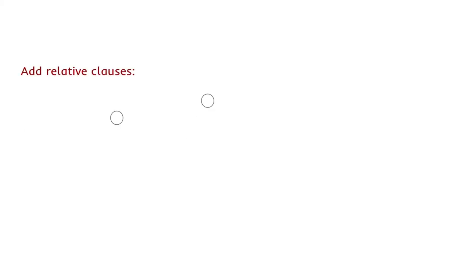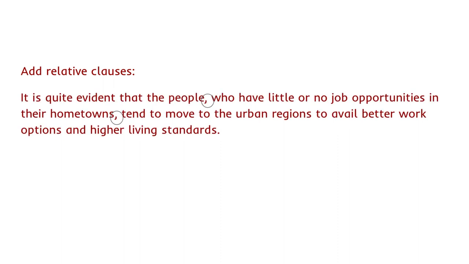Next way is adding a relative clause. So what is a relative clause? A relative clause uses a relative pronoun, which explains whatever you are talking about. It is related to that. For example, it's quite evident that the people, comma, who have little or no job opportunities in their hometowns, comma, tend to move to the urban areas to avail better work options and higher living standards.